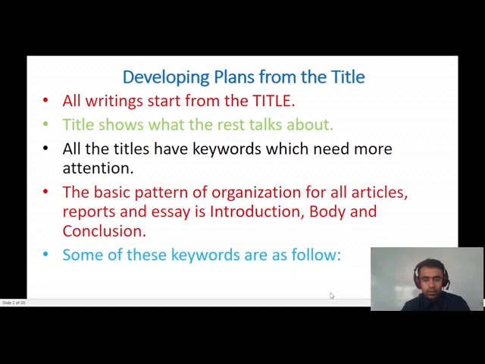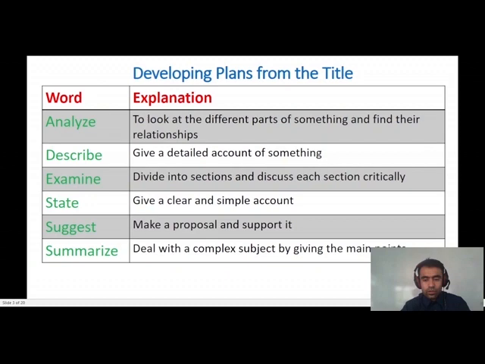Some of the keywords which can be used in titles are these. Analyze: you are going to look for the relationships in a piece of writing. So if you write the word analyze, it means you are going to find the relationships between the parts of writing.